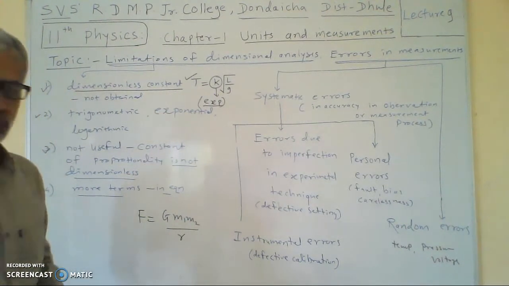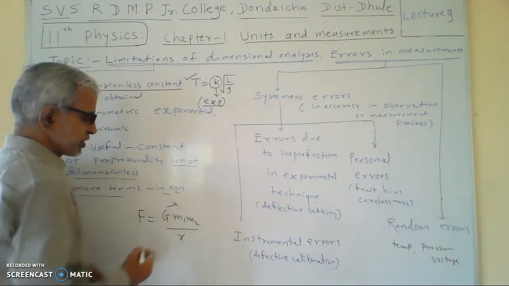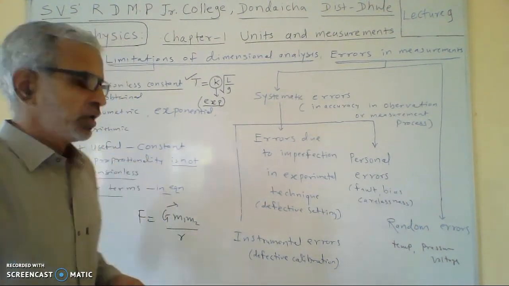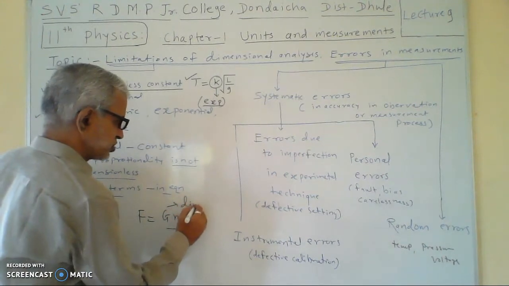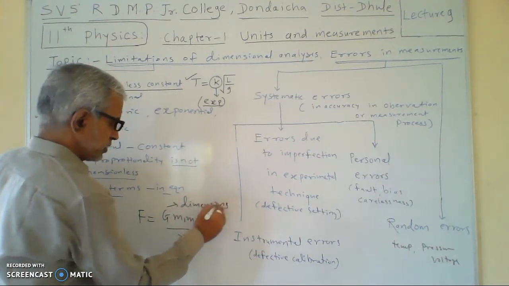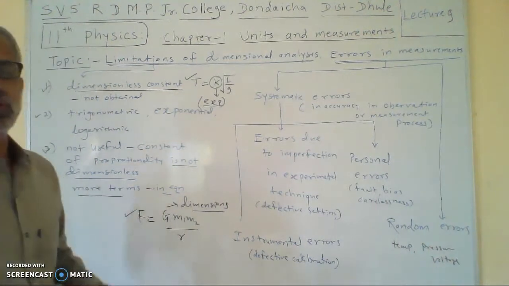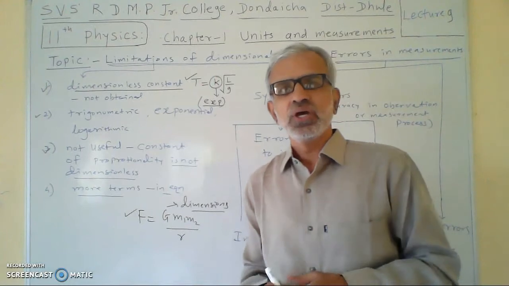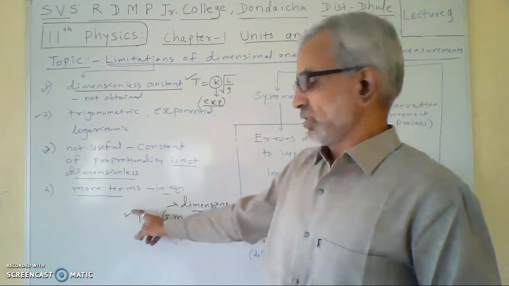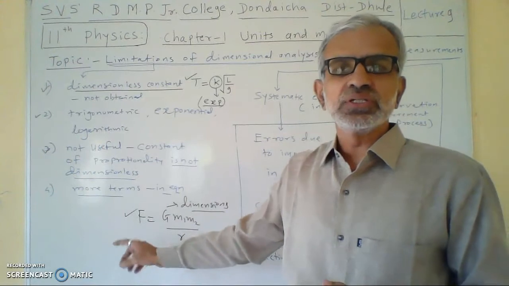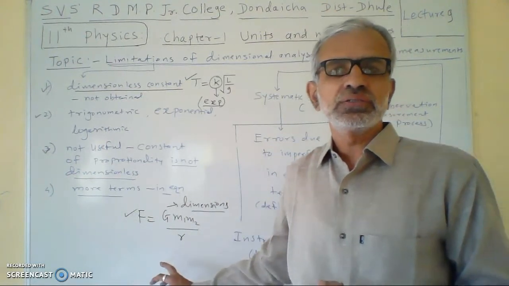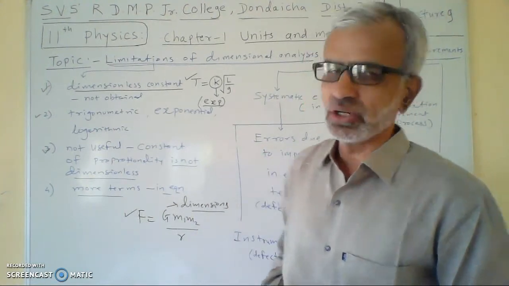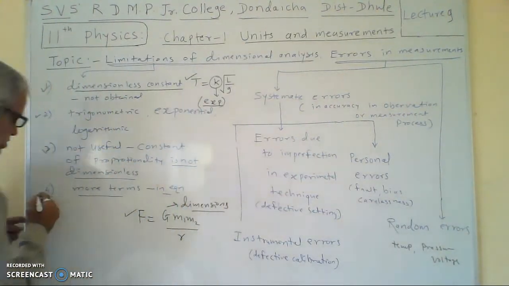This is gravitational force, where G is the universal gravitational constant, and this G has dimensions, and such an equation cannot be obtained by using dimensional analysis. You can verify this equation using dimensions, but you cannot obtain it by using dimensional analysis. So this is one of the limitations of dimensional analysis.